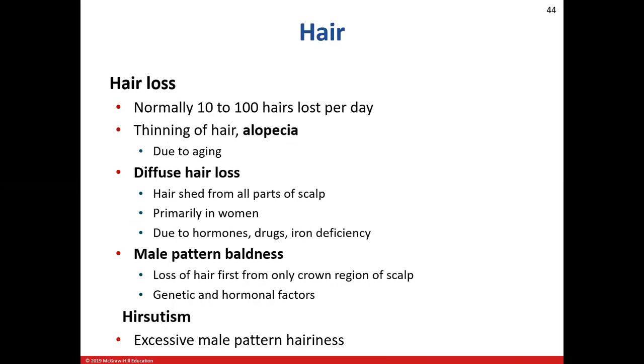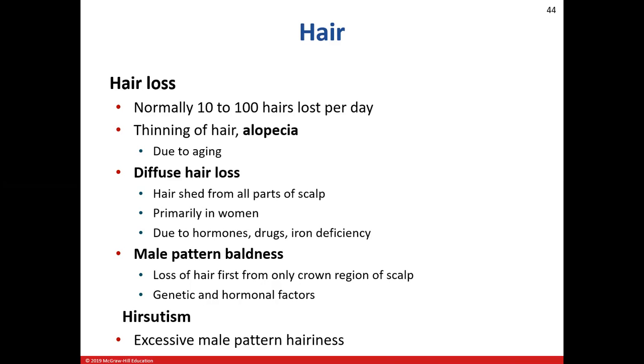Now, when we look at hair loss, on a given day for any individual, we normally lose anywhere from 10 to 100 hairs per day. If we start losing too much hair, this is called thinning of the hair, also called alopecia, and this typically is due to aging. We can also have diffuse hair loss, which is not just the thinning of the hair.